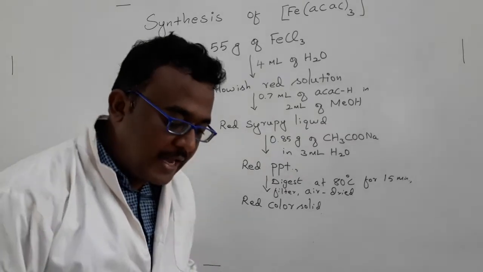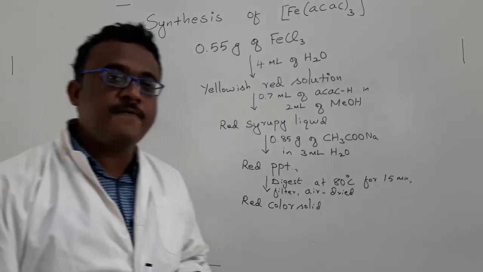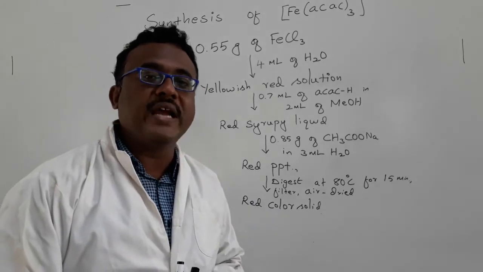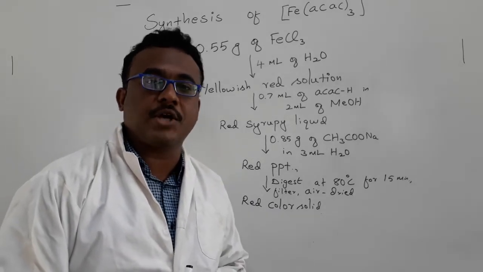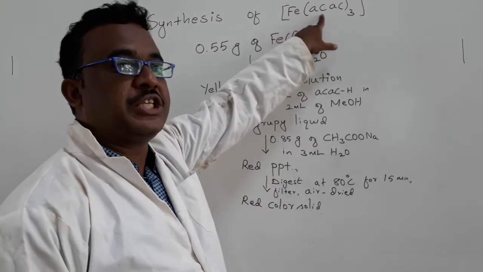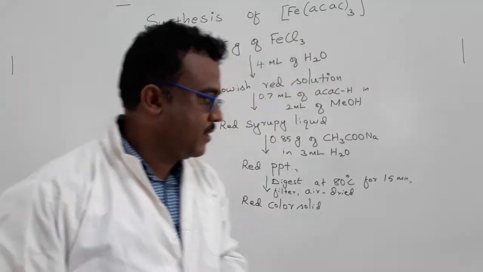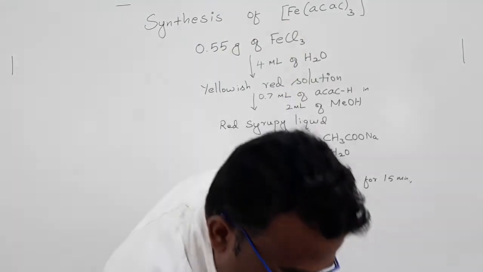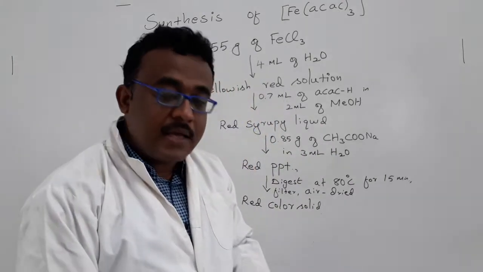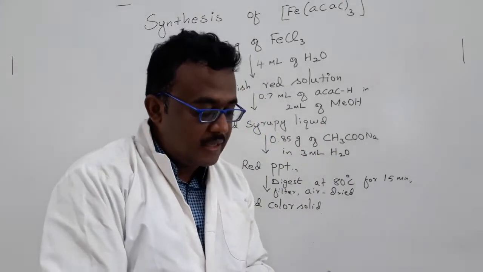You can use either methanol or ethanol for recrystallization to get pure crystals of tris acetyl acetonato iron 3 complex. Okay, I am going to demonstrate now the synthesis of this complex.